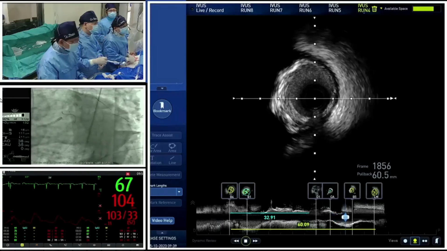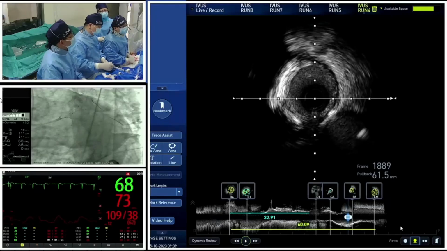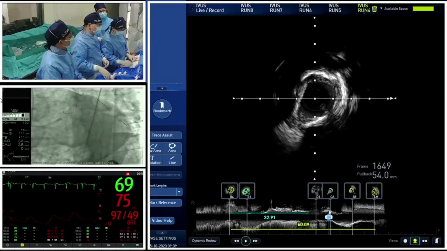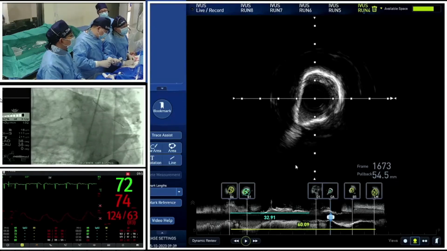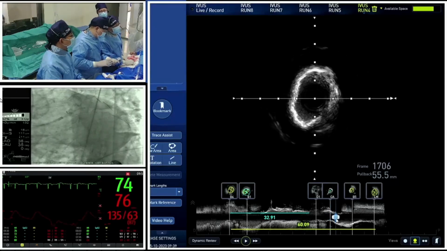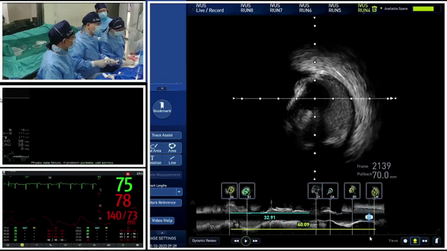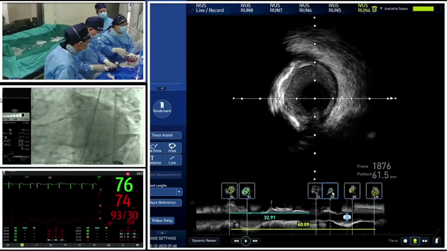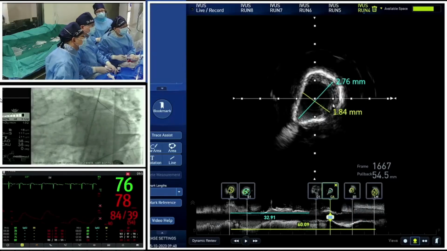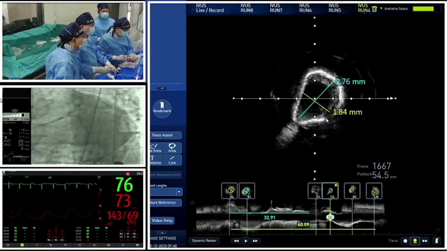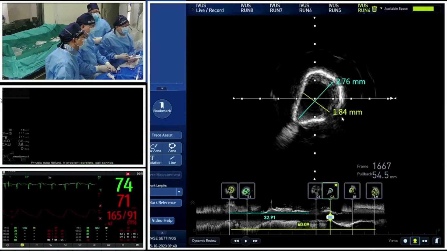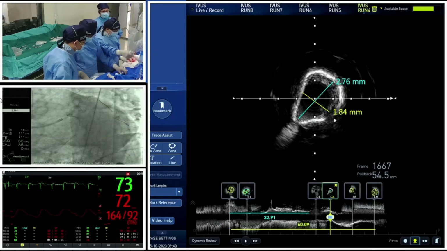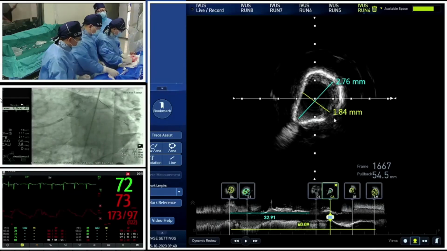It's just like circles around the LAD lumen. We see it's almost 360 degrees. And the mean diameter of the lumen is 1.84 millimeters and 2.76 millimeters.